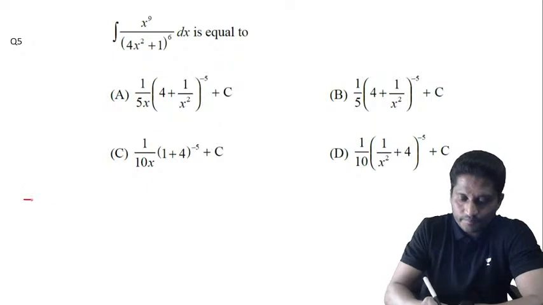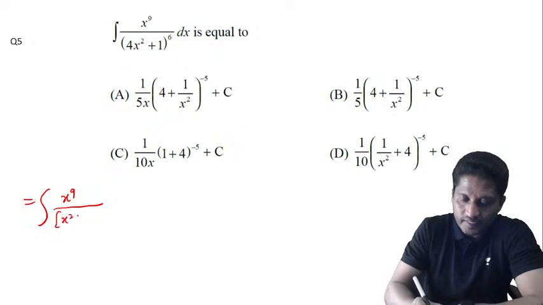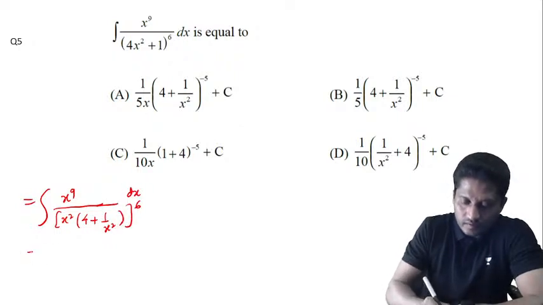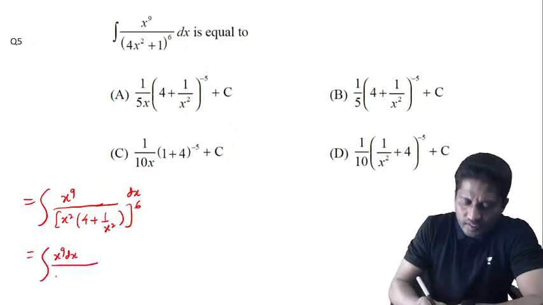Now listen. X to the power of 9 upon, take the highest power of x common in the denominator. So if I take x square common, you will get this as 4 plus 1 by x square whole power 6. Now this is x to the power of 9 divided by x to the power of 12 into 4 plus 1 by x square whole power 6.